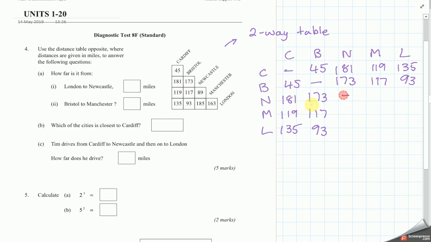Keep going on for Newcastle. So Newcastle does 181, 173, already filled in, then 89, 185, coming down. So these dashes are basically the city themselves. You're not going to do any distance going around from a city to itself.